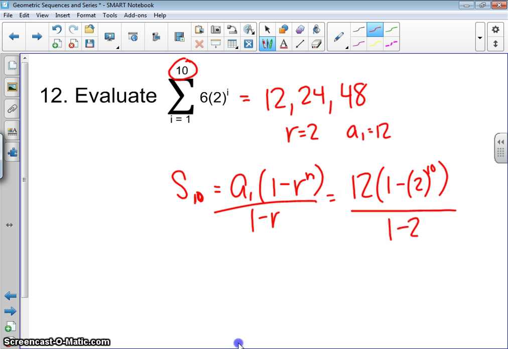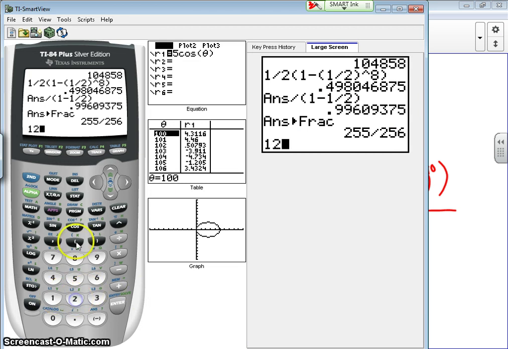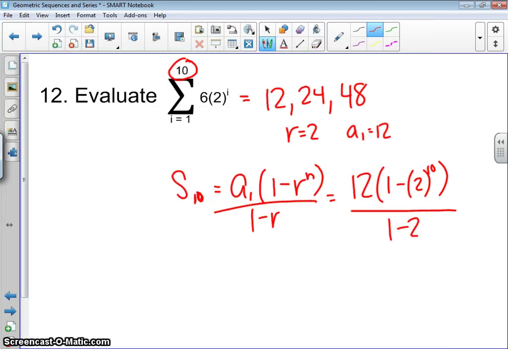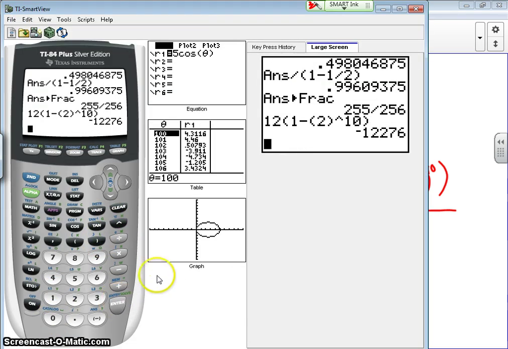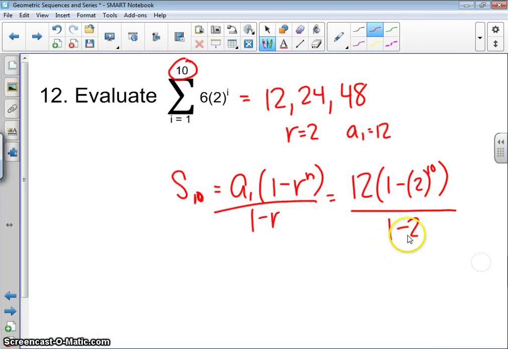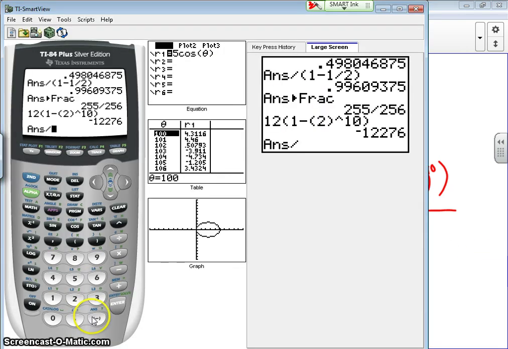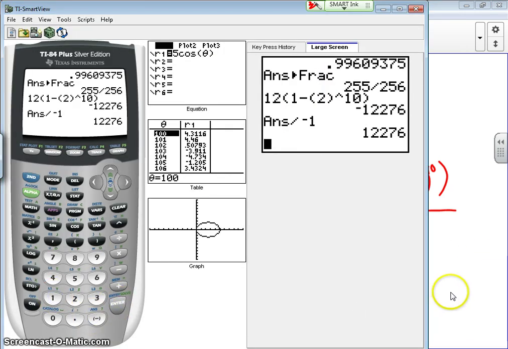So I'm going to plug the top in. So that's just going to be 12 times 1 minus 2 raised to the 10th. So there's the top. Then I'm going to divide that by 1 minus 2, which is negative 1. So I'm just going to divide that by negative 1. It's just going to change the sign.